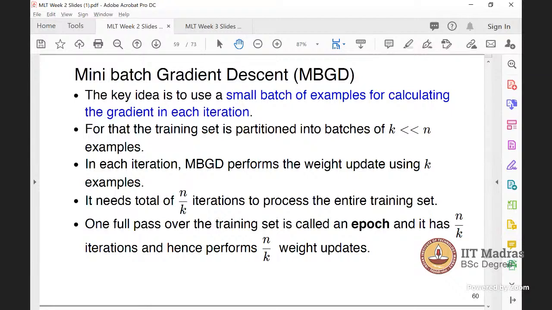And sometimes what happens with mini batch, and this is the case with stochastic also, is that they move away from the optimal solution, or in some direction which is not directly pointing towards the optimum. That is possible. But again, if you move over the entire training data in batches, you are definitely making more progress than the standard gradient descent.